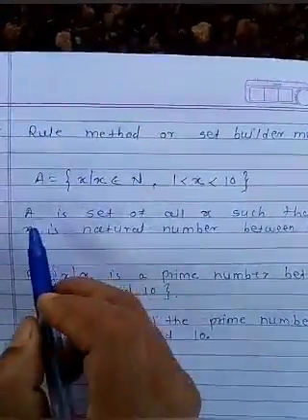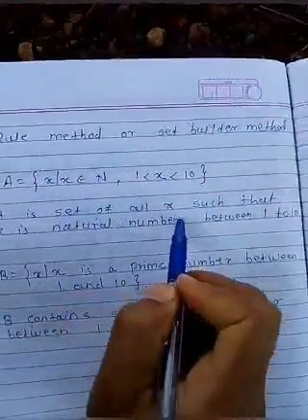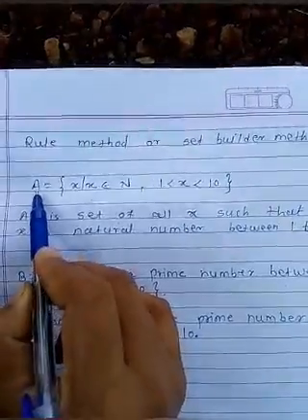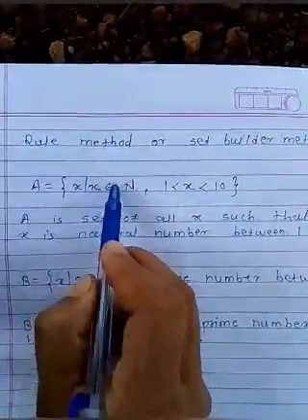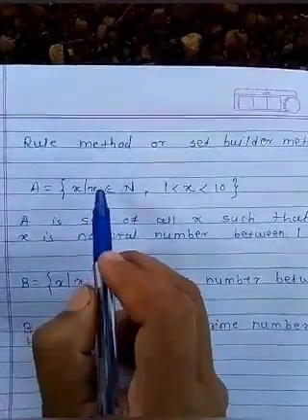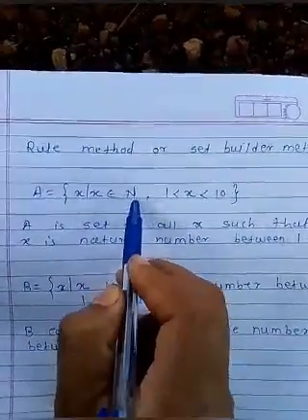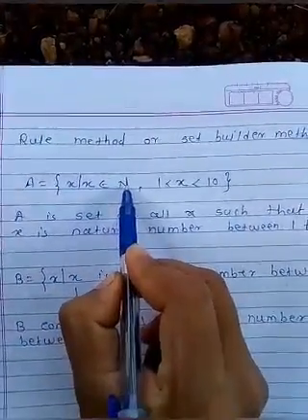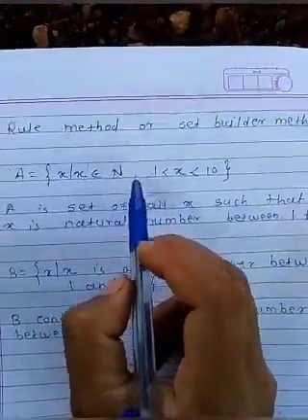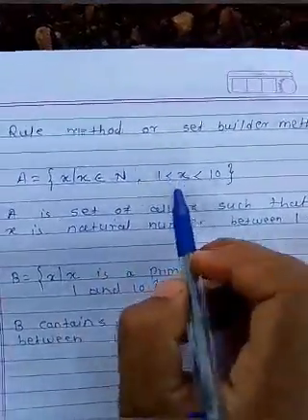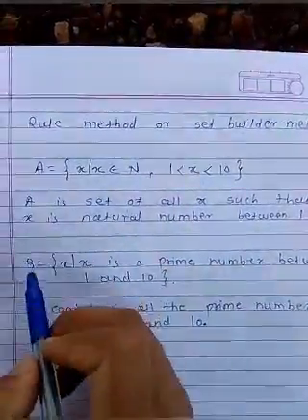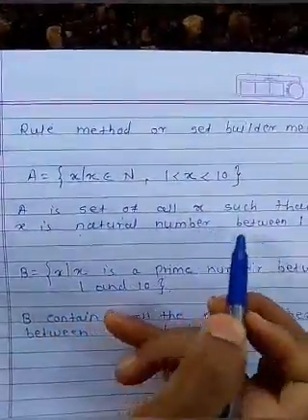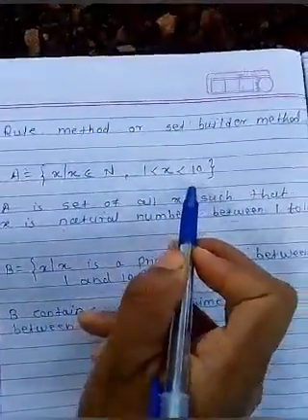How to read this set? A is the set of all x such that x belongs to N. N is the natural number, and this x is a natural number between 1 and 10.